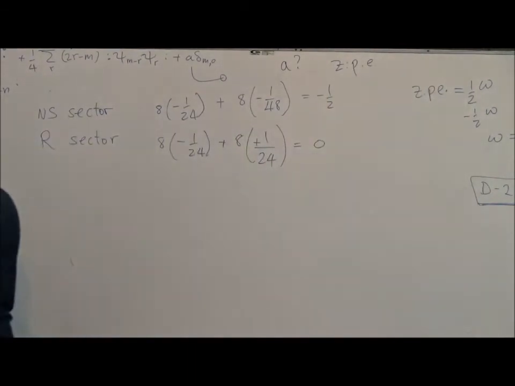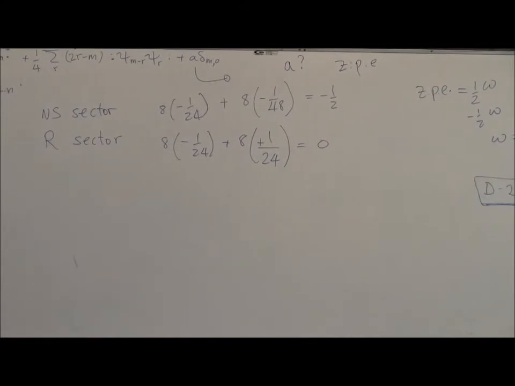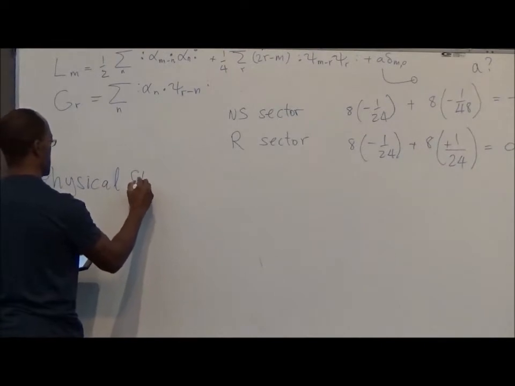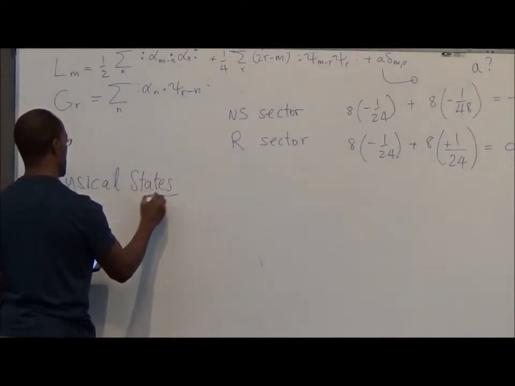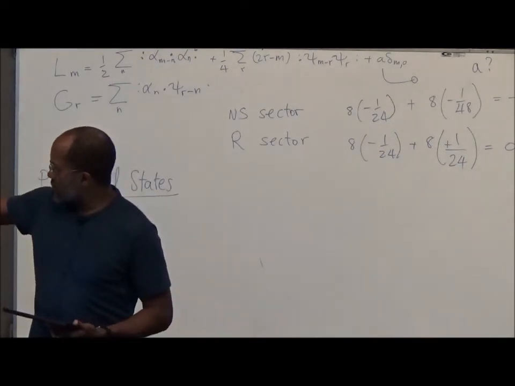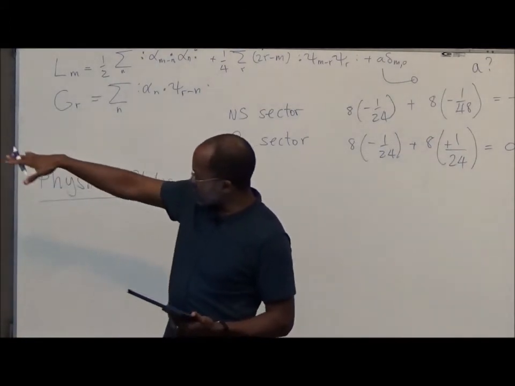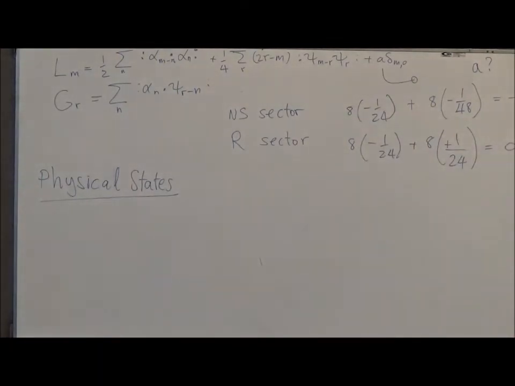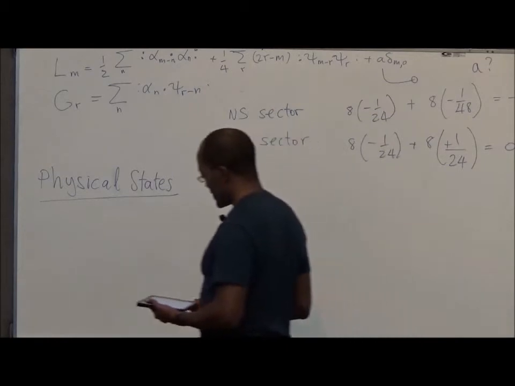Okay, so a physical state condition, you may have talked about this, I'm sure you have. At the end of the day, the L's and the G's are generators of symmetries of the theory, and a state should be annihilated by those generators in order to preserve the symmetry.